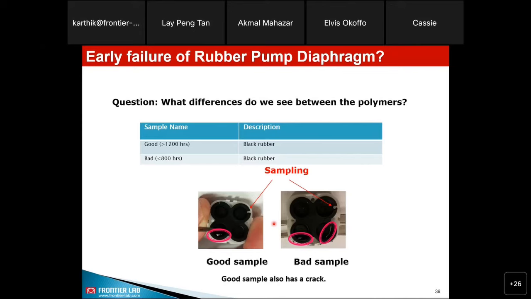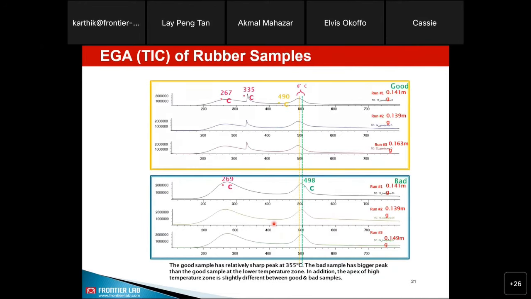The systematic approach is always to start with evolved gas analysis, from 50 degrees to 700 degrees at a 20-25 minute ramp. What you get is the EGA thermogram. In this slide, we are showing the replicates, just to show the reproducibility and also the pattern of this thermogram for the good and bad batch of this diaphragm pump rubber.